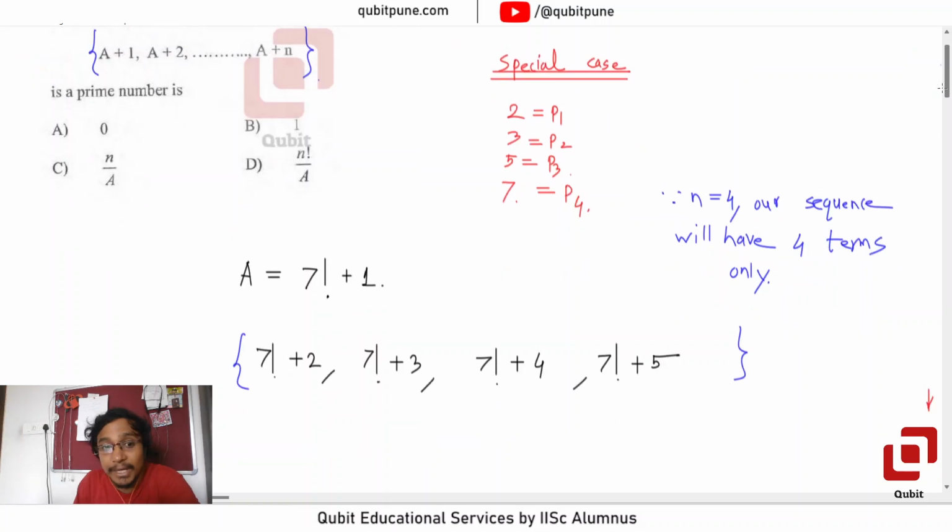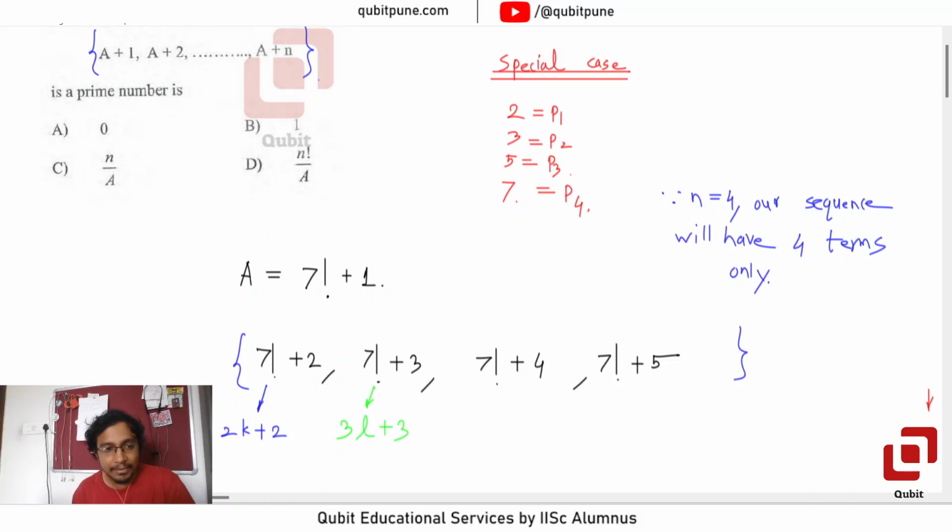Is it a prime number? No, sir. It's not a prime number because 7 factorial is divisible by 2. Same thing with this: 7 factorial is divisible by 3, so you can write it as, let's say, L plus 3.